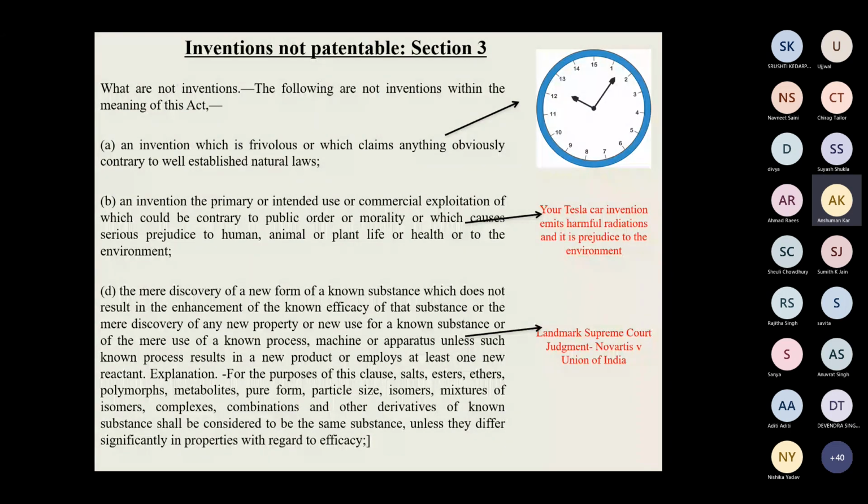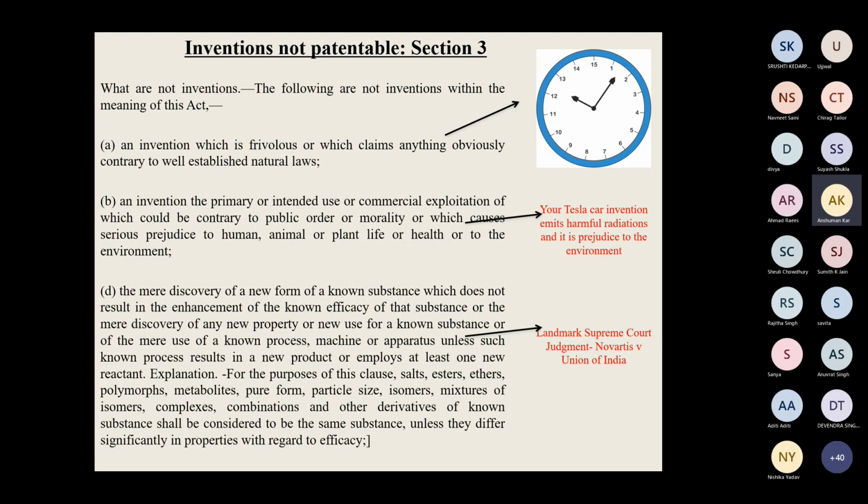Okay. The next one is mere discovery of a new form. It says that something which is already known in the art, and you have just discovered a new form of it or a new use of it. So we know certain uses of turmeric already: the antiseptic properties, for healing wounds, for blood purification.